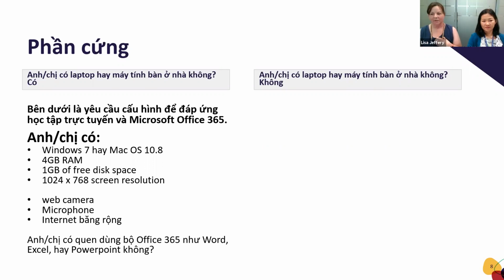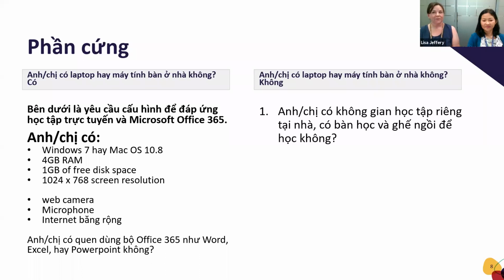We also ask them how confident they are using Microsoft Office suite programs like Word, Excel, and PowerPoint, because they are the most common tools that we might use for their learning. If they answer no to having access to a computer at home, then we ask them a different set of questions to be able to adjust to their circumstances.